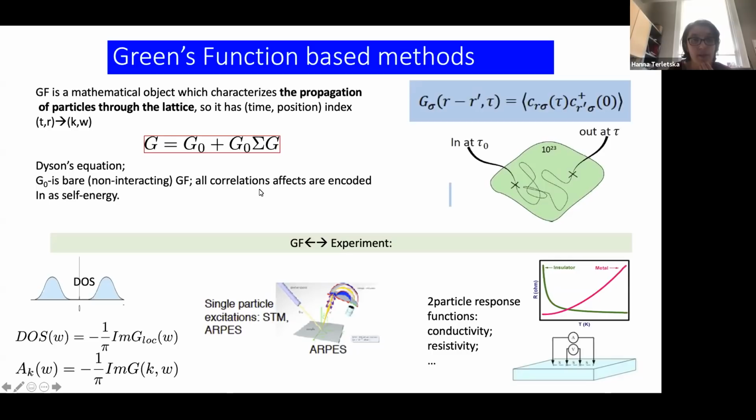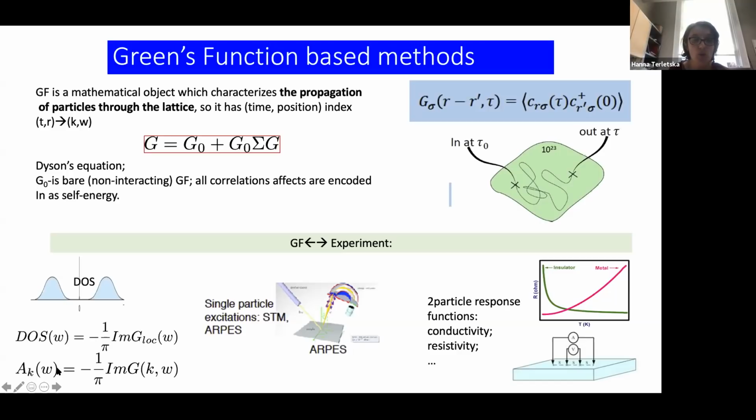Why Green's function? Green's function is a very nice tool for calculations which can be compared with quantities that can be measured experimentally. For example, one can calculate the density of states, and I'll be showing results for this, as minus 1 over pi times the imaginary part of the local Green's function. This can be measured by photoemission spectra or STM.